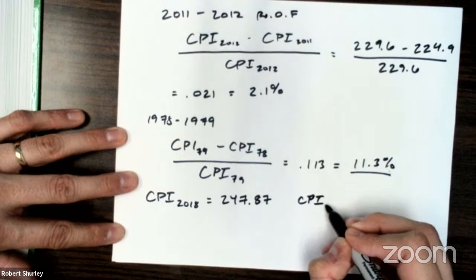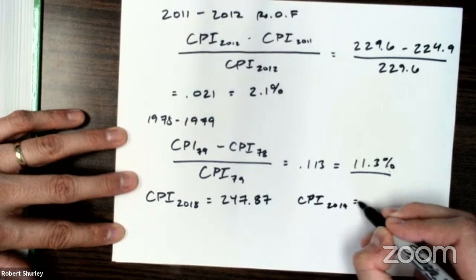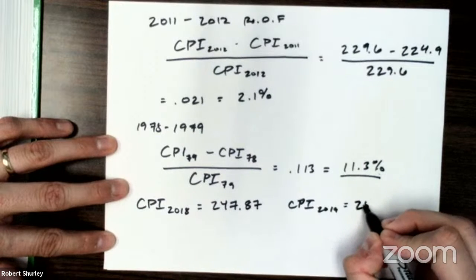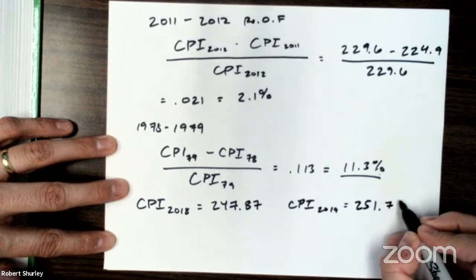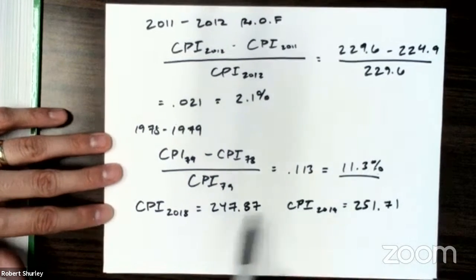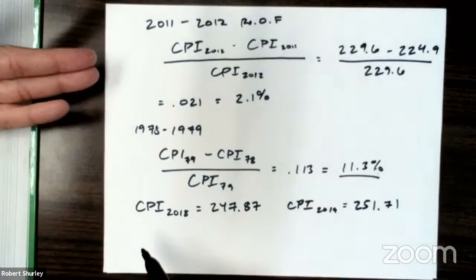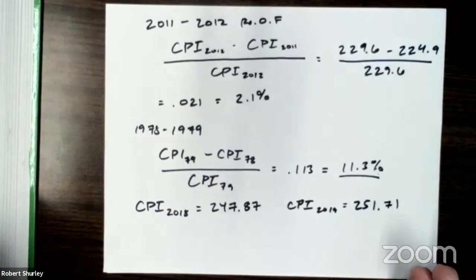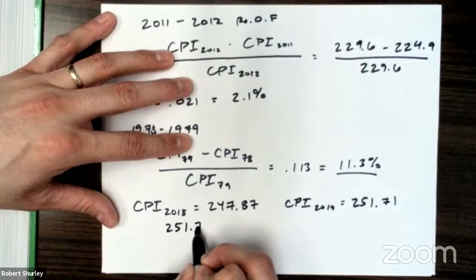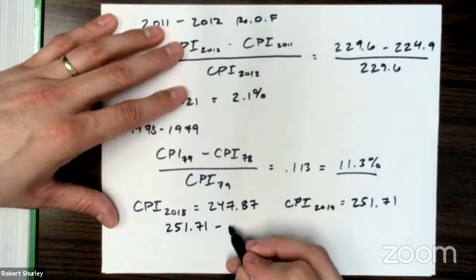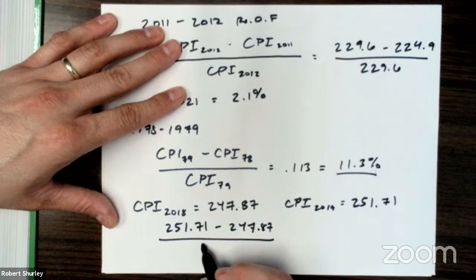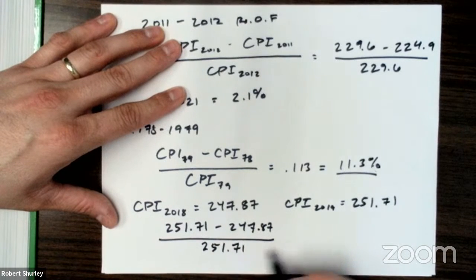And the CPI for January 2019, same month, is 251.71. So if I want to find the rate of inflation between those 2 years, I've got to do the more current year, so 251.71 minus the older year, 247.87, and then divide it by the more current year, so 251.71.